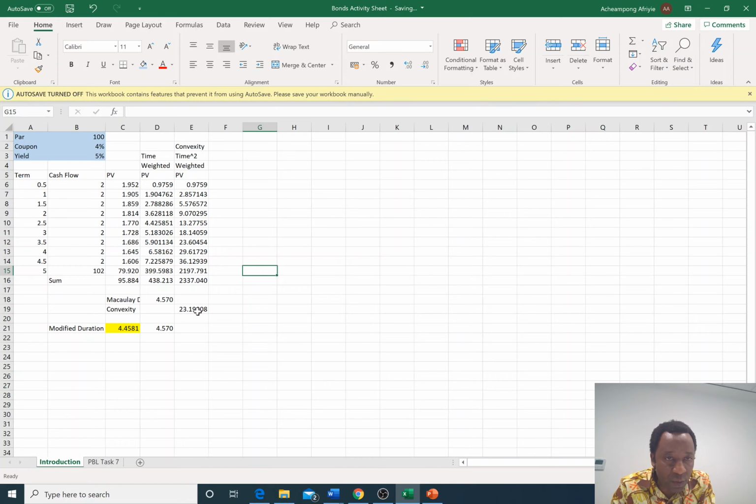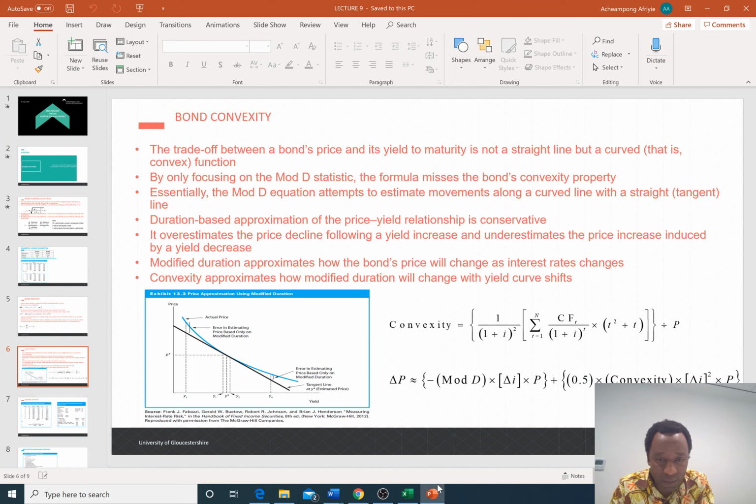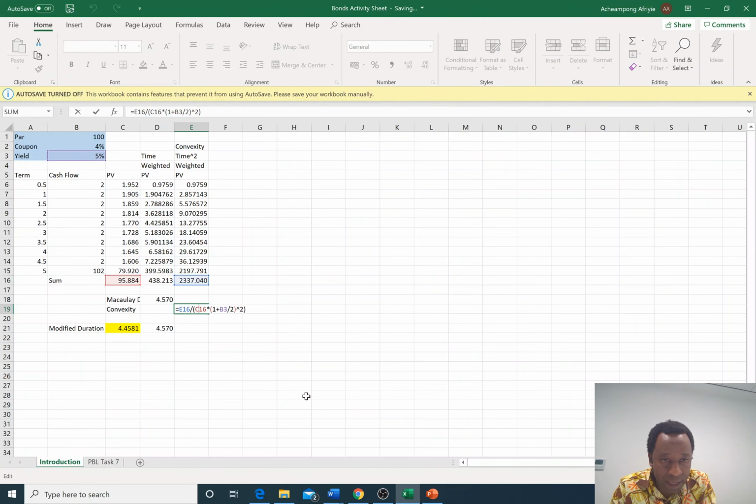Okay, so to work out the convexity, again, according to that formula there, that is what I'm simply implementing here. We pick that total sum of the squared time weighted average of the present values of the cash flows, and we divide that by the price times 1 plus the yield to maturity squared, right?